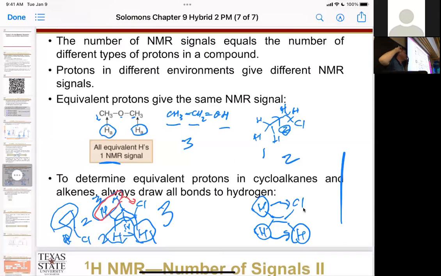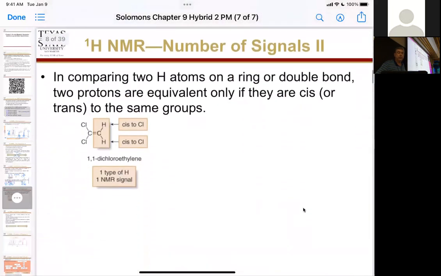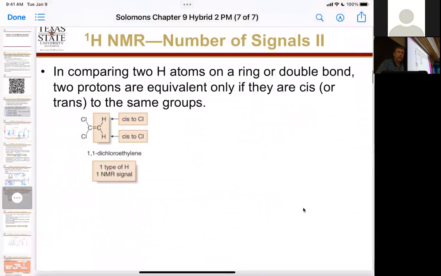Okay, questions about number of signals? Okay. Let's do a little more practicing right here. So in this one right here, well, we have dichloro. So it turns out this one has that through space interaction, this one has that through space interaction, and they're both on the same carbon. So they are equivalent. So they have one signal.